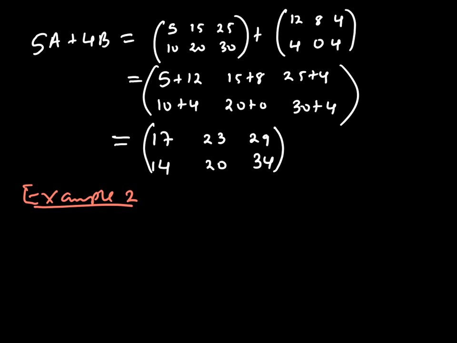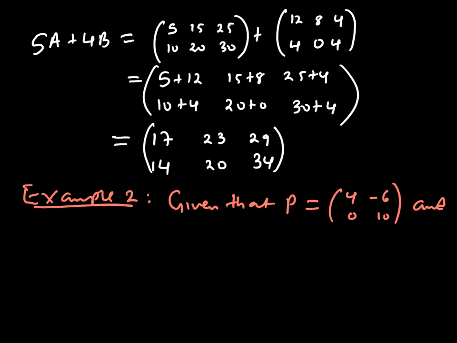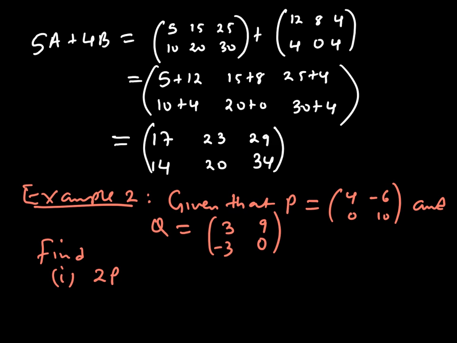In example 2, they are saying that given that matrix P equals 4, minus 6, 0, 10, and matrix Q equals 3, 9, negative 3, and 0, they want us to find 2P, just as simple as that.